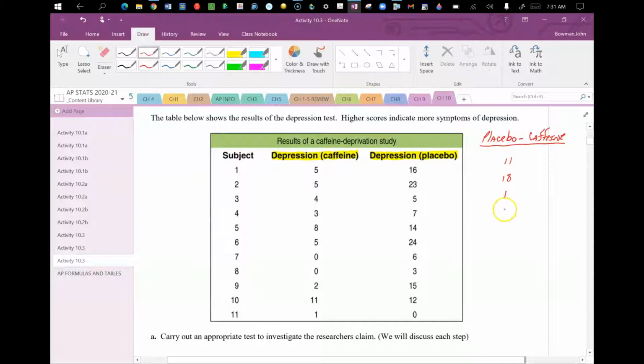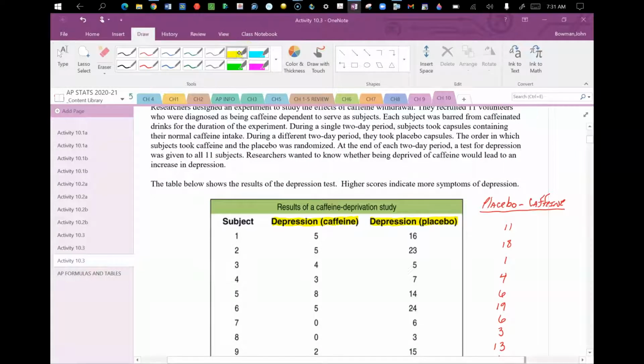So 18, 1, 4, 6, 19, 6, 3, 13, 1, and -1.